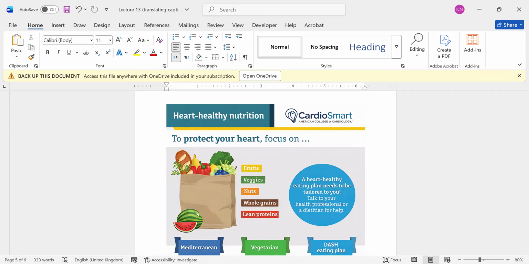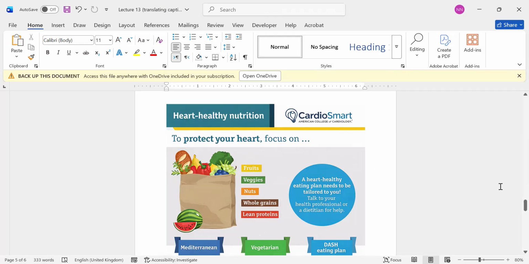You can say, for example, احمي قلبك وكل, and then you add the 3 dots, and then you add فاكهة, خضروات, مكسرات, حبوب كاملة, بروتين خالي من الدهون. Okay.